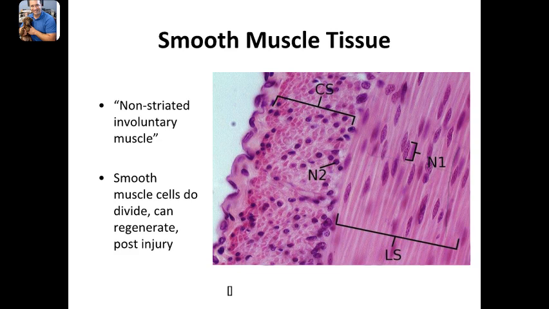It's a non-striated muscle cell, so therefore it is smooth, right? And they do divide, they can regenerate after injury, whereas in the case of the cardiac myocyte, or the heart cell, they have a more difficult time doing that. They don't seem to repair themselves as well.